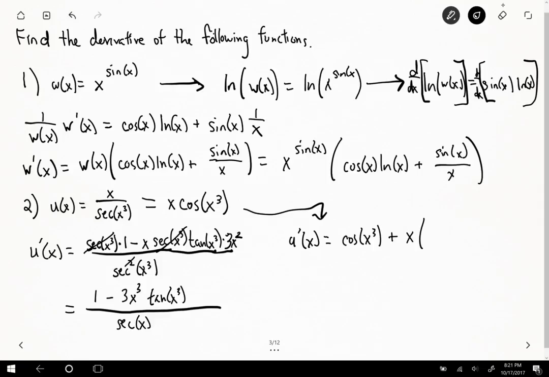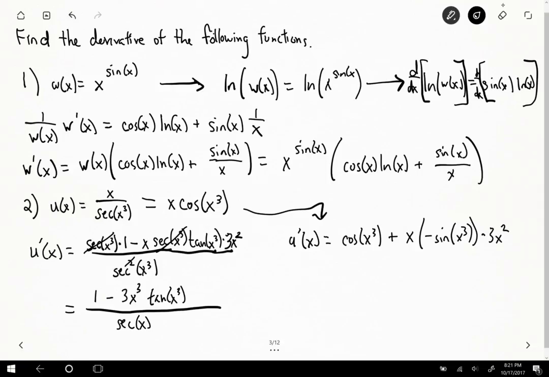So what's that derivative? Well, it's going to be negative sine of x cubed times the derivative of the inside. So what's the derivative of the inside? Well, it's going to be times 3x squared.